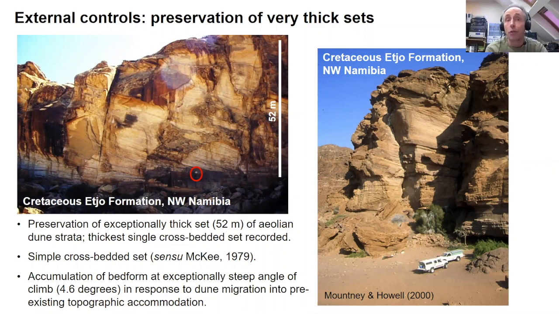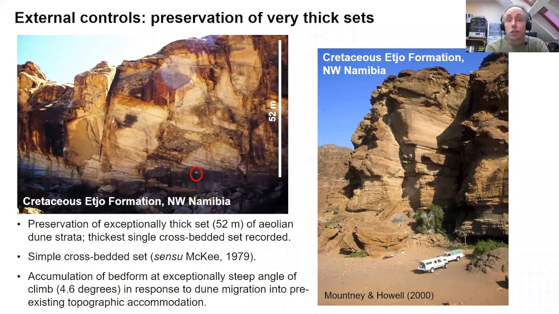And so this is really the only mechanism by which you can generate that type of cross bedding, rather than preserving cross-stratified sets through a climbing method where bed forms climb over one another. So the initial bed form migrates into a hollow, much of it gets preserved, and then later bed forms come over the top and encase that earlier deposit within the stratigraphic record.